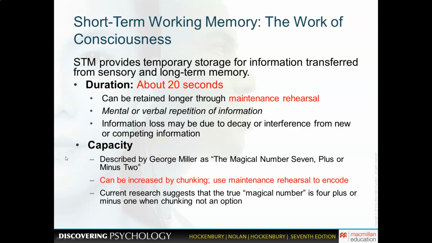Another thing that I put here is, well, in our short-term memory, how much can we remember? You know what I mean? How much can we process? The first researcher that looked at this said the magical number of items of information that we can remember and process in our short-term memory is basically 7 items plus or minus 2.